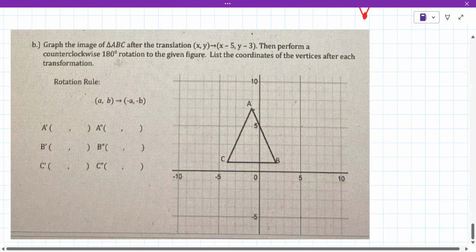Okay. A is -1 and 7. B is 2 and 1. C is -4 and 1.